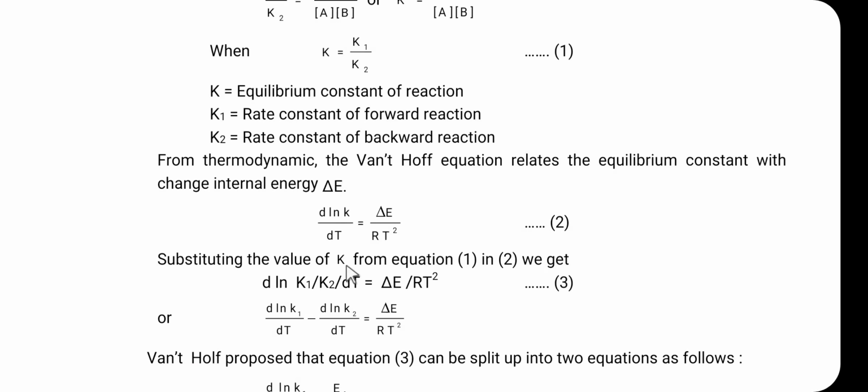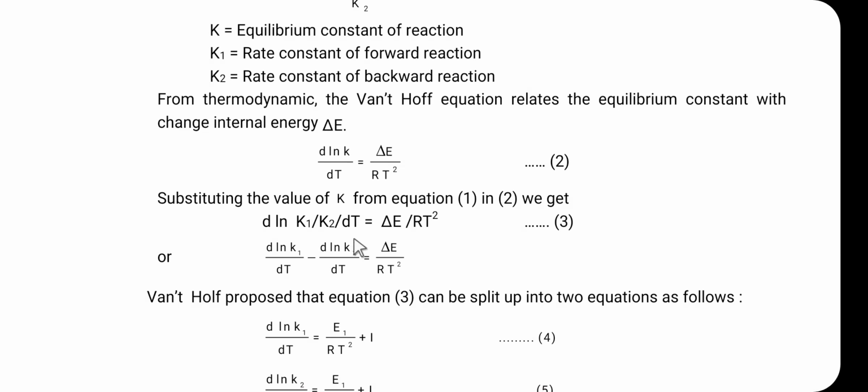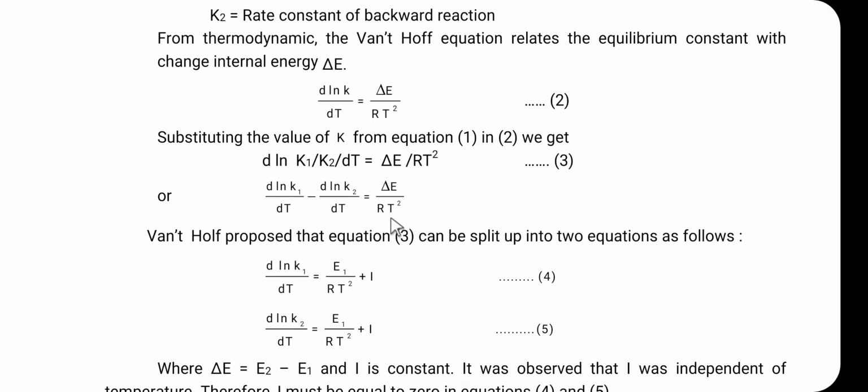Substituting the value of K from equation number 1, that is K equal to K1 by K2, in equation number 2, equation 2 can be written as d ln (K1 by K2) divided by dT is equal to delta E upon RT square. This is equation number 3, or equation 3 can be written as d ln K1 by dT minus d ln K2 by dT is equal to delta E upon RT square.